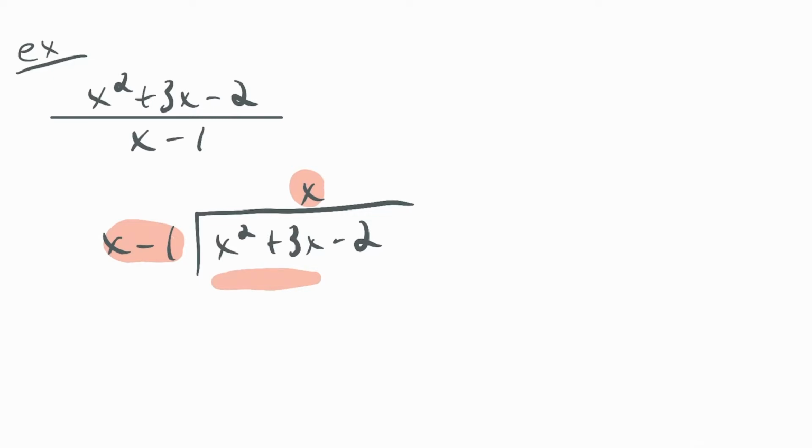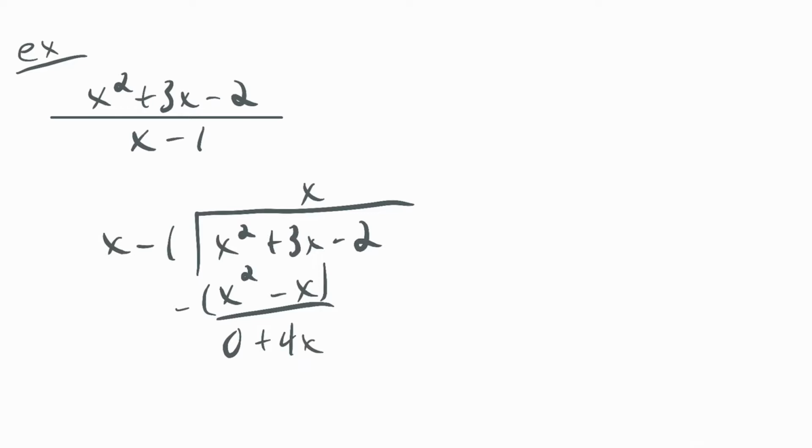So I'll have x squared minus x. And I'm subtracting the 2 polynomials. Okay, and I have to watch out for double negatives and negations. So I have 0 plus 4x because of the double negative, and then I can pull down the minus 2.